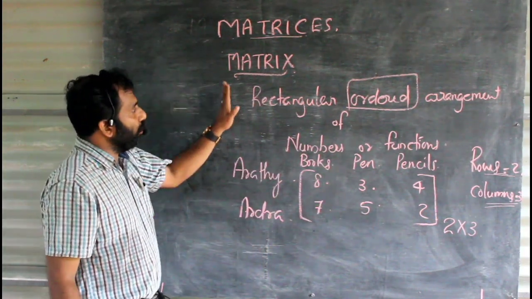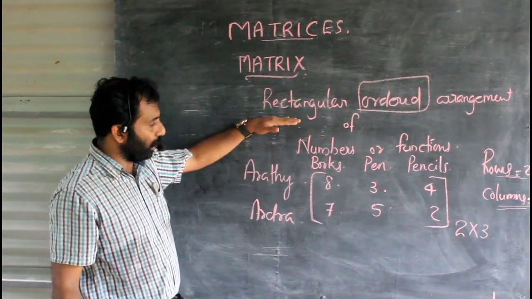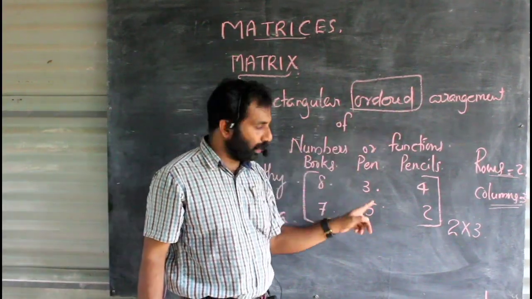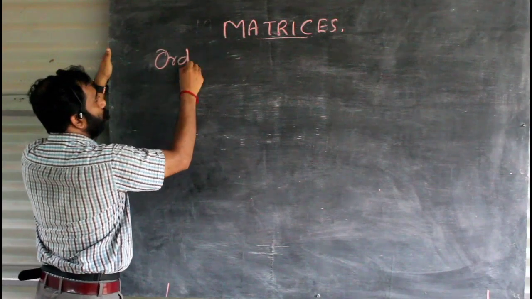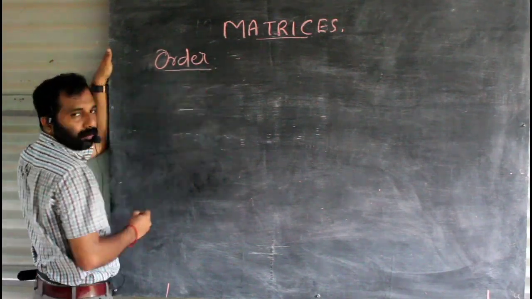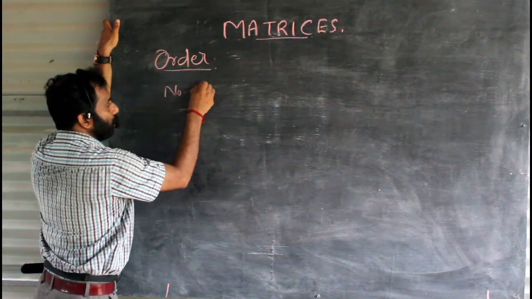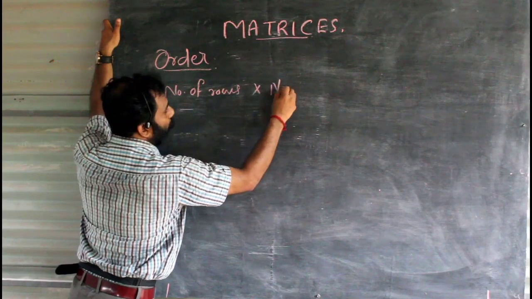So we define a matrix. A matrix is rectangular, that is, in the form of a rectangle, and ordered. It has an order, that is 2 by 3. What is the order of a matrix? The order of a matrix is the number of rows by the number of columns.